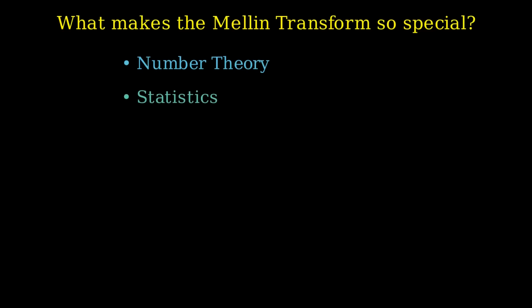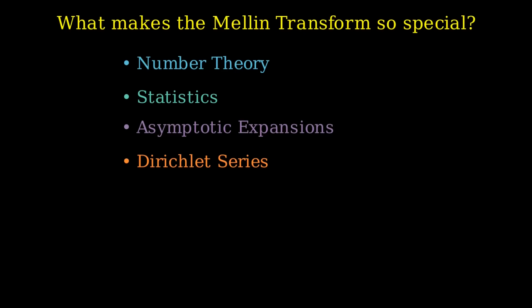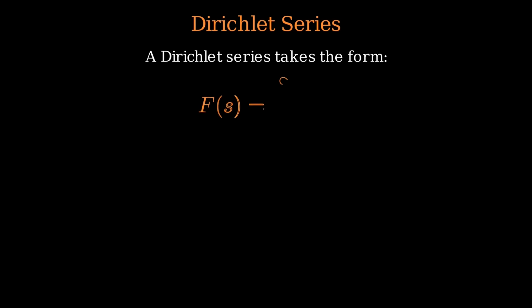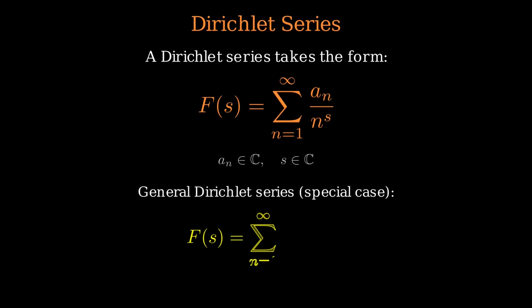But what really makes this Mellin transform so special? Well, it's used in a variety of fields including number theory, statistics, the theory of asymptotic expansions, etc. It also has close ties to the Dirichlet series, which is any series of this form such that a sub n is a complex sequence and s is a complex variable, and is a special case of the general Dirichlet series, where lambda sub n is a strictly increasing sequence of non-negative real numbers approaching infinity.